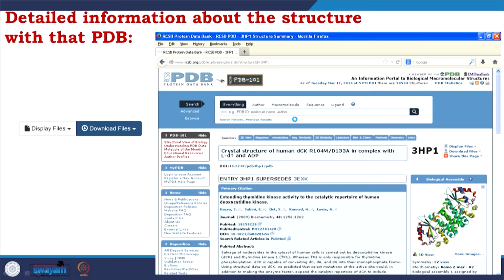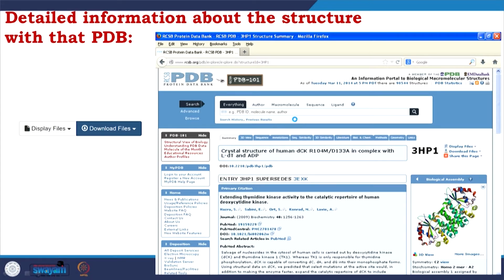This is the crystal structure of human DCK R104M, which is the information of a mutant, D133A, another mutant, in complex with LDT, meaning L-deoxythymidine, and ADP, adenosine diphosphate.